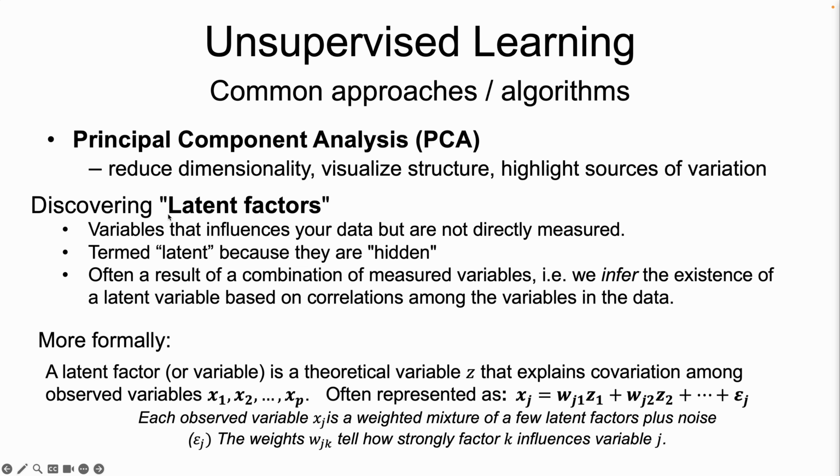Really, ultimately, those latent factors are because there is some combination in your measured variables that are correlated. A little bit more formally, this looks like this equation as a multivariate regression, but that's a regression for one of your actual measured variables. And so what this is saying, we've measured x1 through xp. That p is our number of features, or our number of measured variables.